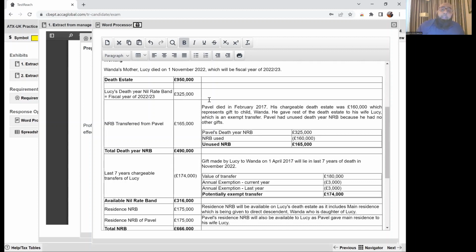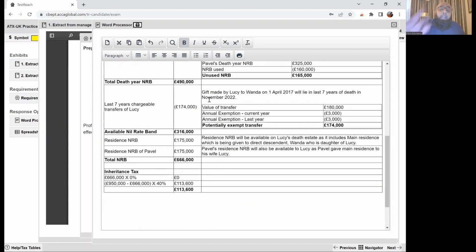Okay, and then the residence NRB, because the death estate included the main residence. So yes, the residence NRB also needs to be thought about. Now, since Pavel, the husband, gave the main residence to wife Lucy, the residence NRB will also be transferred.